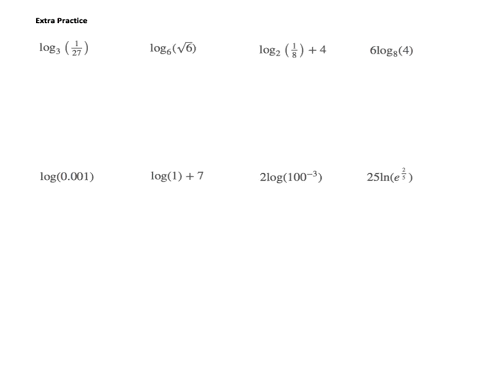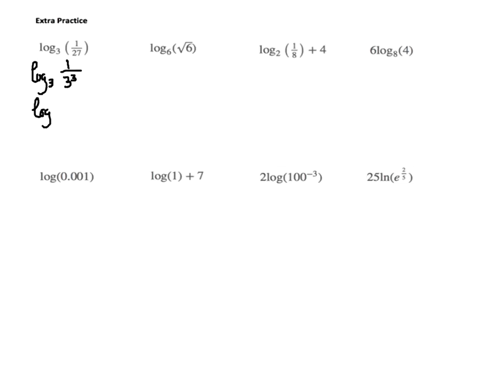Okay, and then I just put some extra practice on here because it does not hurt to practice as much as you can with these logarithms. So this first logarithm is asking, what can I raise 3 to make 1 over 27? I'm going to change this to log base 3 of 1 over 3 cubed.